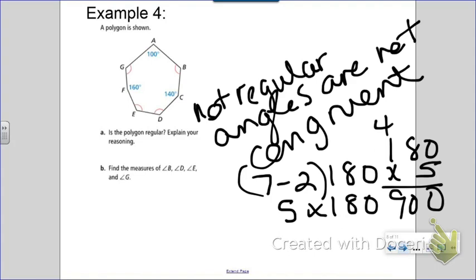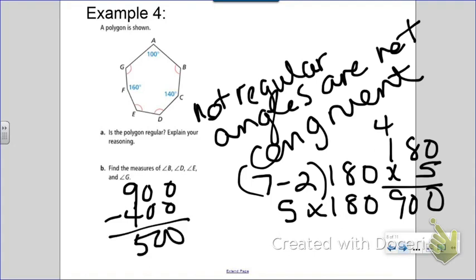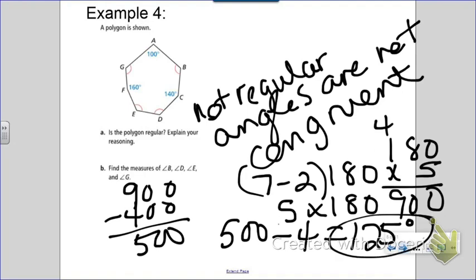If we've used up a total of 400 degrees, we have 500 degrees left. We have 4 angles to divide that into, and that equals 125 degrees for each of the angles left.